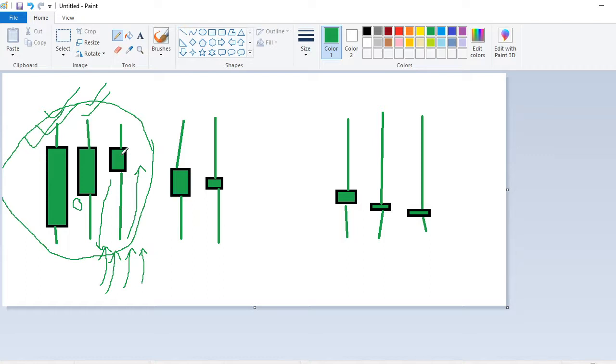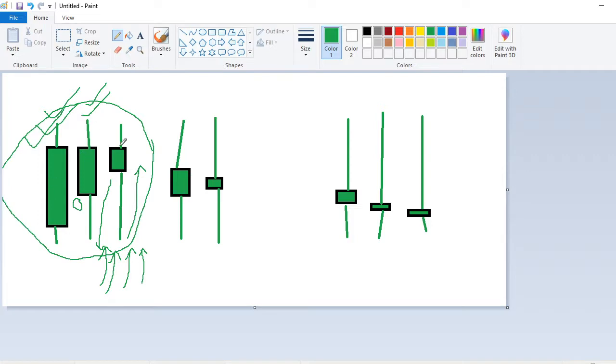Try to understand the action happening behind the candle: what exactly buyers and sellers are doing, how they are trying to move the market, whether buyers or sellers are dominating this session. Try to catch this point. Try to understand the psychology behind the candle. Then you can see the chart in a better way than others.